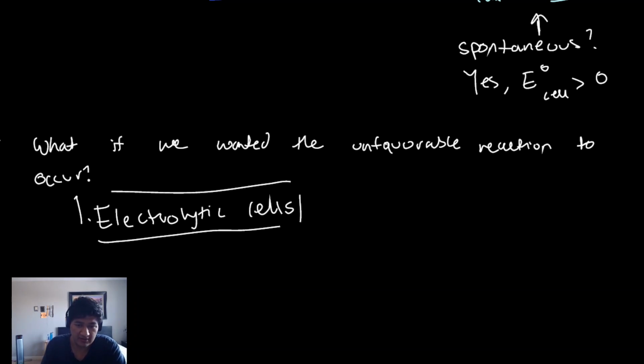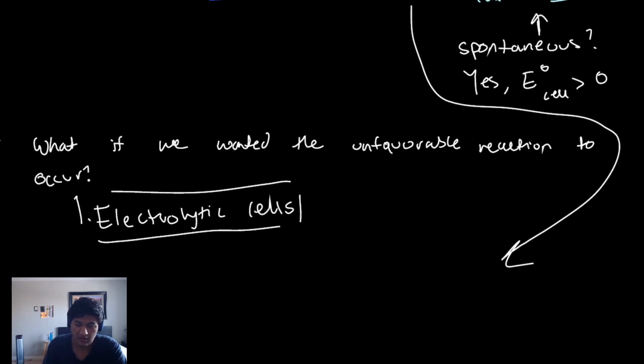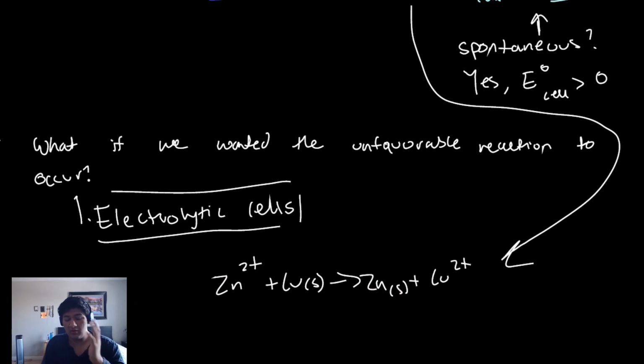So if you were to take the example that we're still using into context, we would have an opposite reaction where Zn2 plus and Cu solid would be our reactants, while Zn solid and Cu2 plus would be our products, which would actually lead to, if we were to try to do the calculation, you'd still have your oxidation potential.